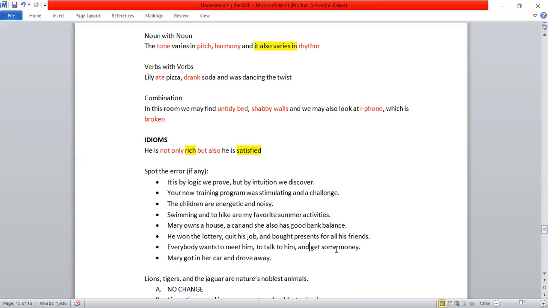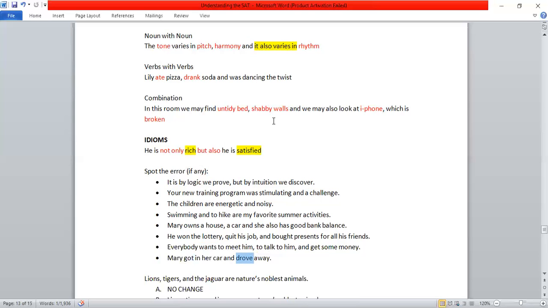So we need a "to" here before "get." So see, I'm not saying it starts with "meet." So you could also say everybody wants to meet him, talk to him, and get some money. So either you remove this "to" or you add a "to" over here before "get." Both ways it will be correct. Next, Mary got in her car and drove away. Got, drove. Absolutely parallel. Okay.